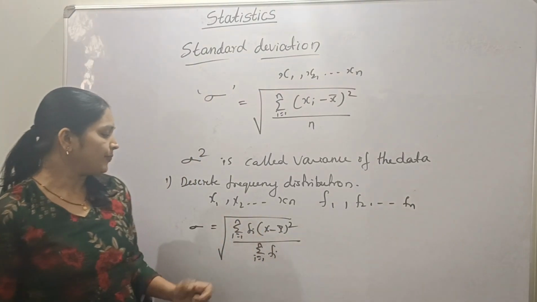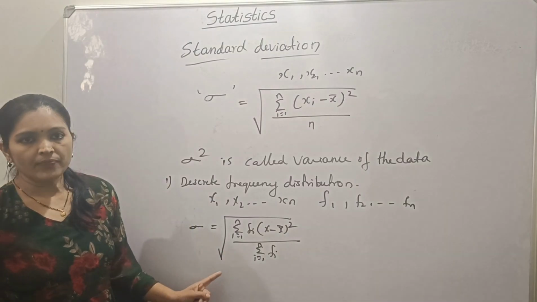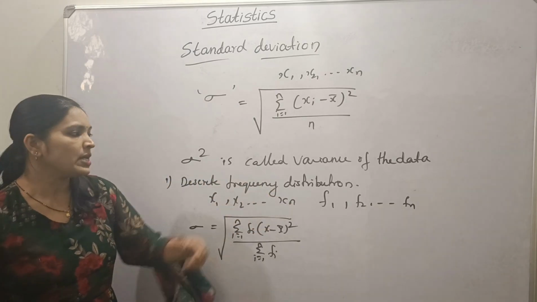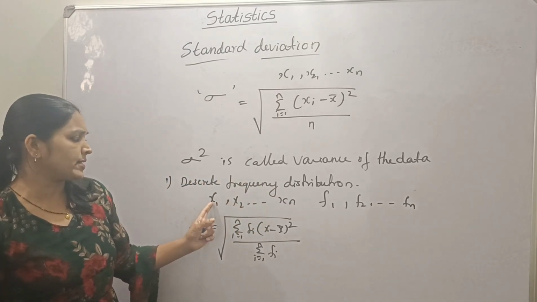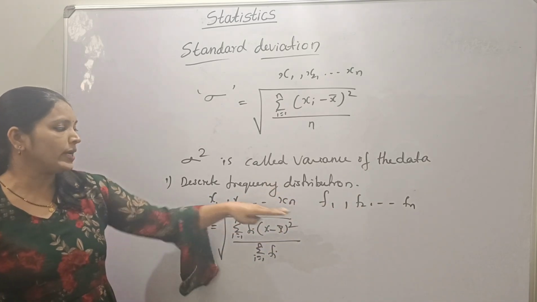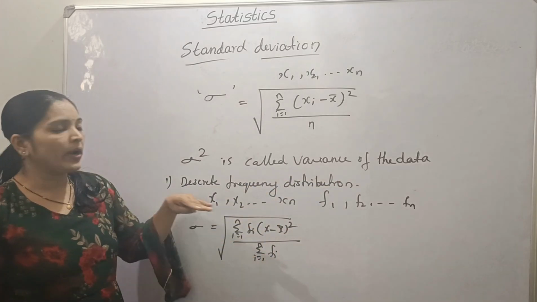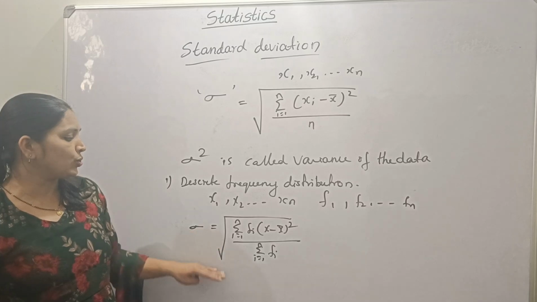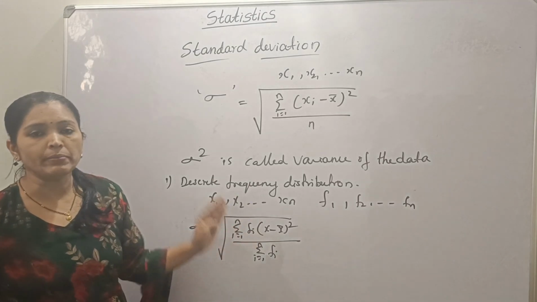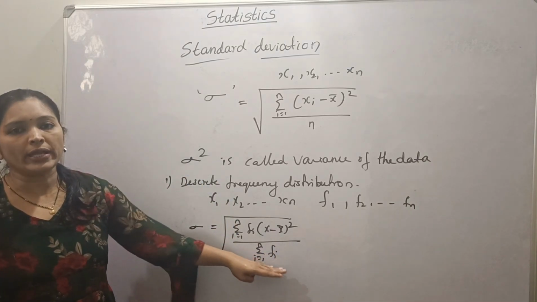So remember, sigma is the standard deviation of the data. For grouped data, that is discrete frequency distribution, you can recognize it because distinct values x1, x2, etc., xn are given with the frequencies f1, f2, etc., fn. So the formula is sigma equal to the square root of sigma i equal to 1 to n, fi into (xi minus x bar) whole square, divided by sigma i equal to 1 to n, fi.